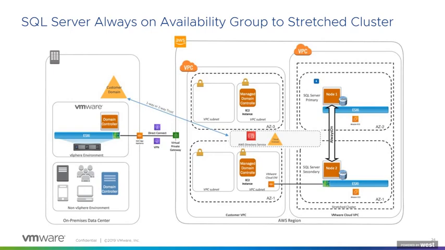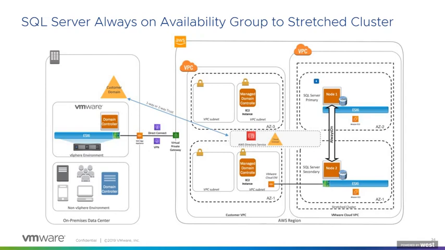Okay, and that takes us to the heart and soul of SQL Server Always On. Once you have Active Directory services set up, you can then set up SQL Server, and SQL Server runs really well on VMware Cloud because, like I said earlier, VMware Cloud through the hosts that are provisioned supports very high-speed storage.